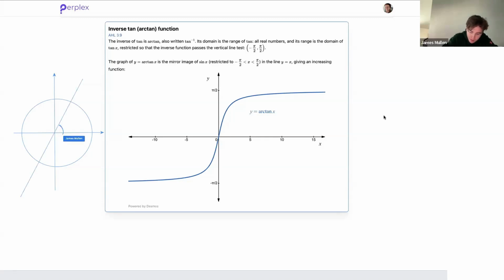But there's always going to be two possible angles. There's going to be this angle, and there's going to be this angle, or this angle if you want. So there's a lot of different angles. And by convention, we're going to take, again, the angles in the range negative pi over 2 up to pi over 2. So that's the range of arctan. And you can see that in this graph here, okay?